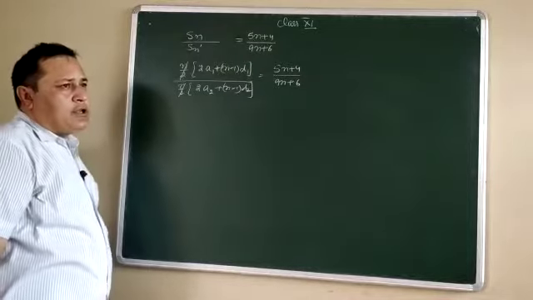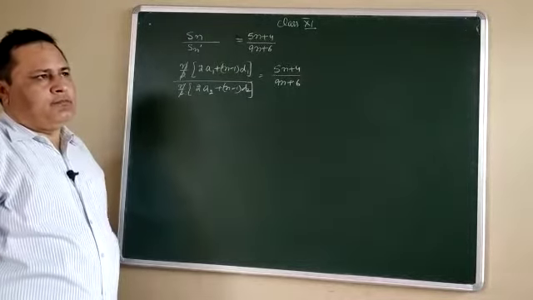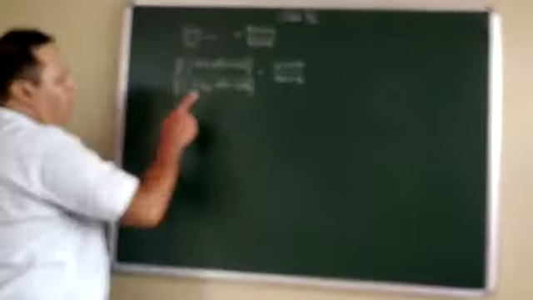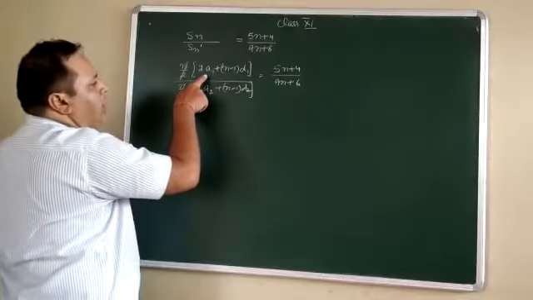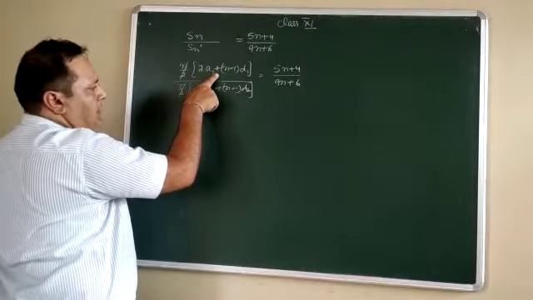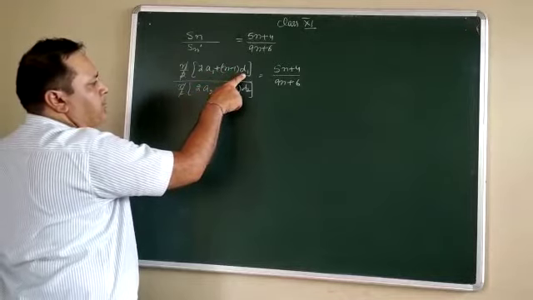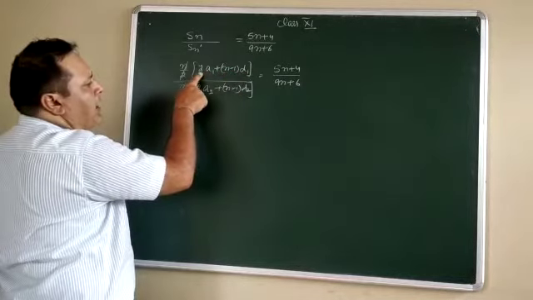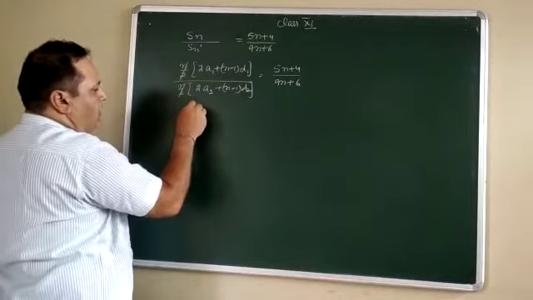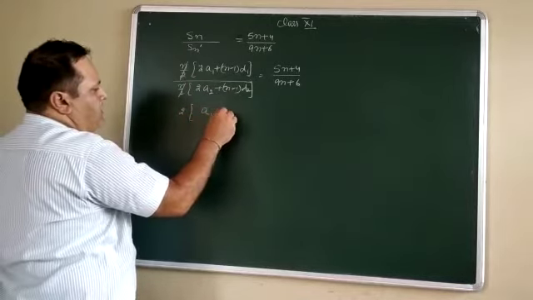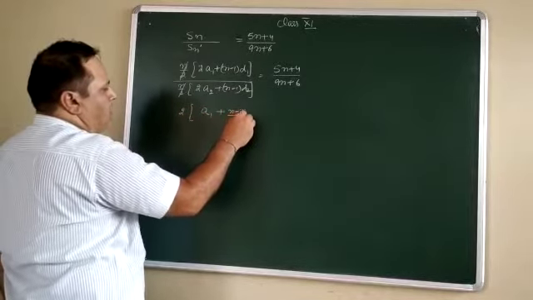We need the ratio of the 18th terms. In case of the 18th term, we have the formula a plus 17d. It means a should be alone. This 2 is extra, so we can take 2 common.